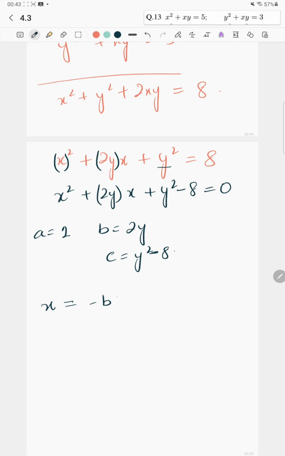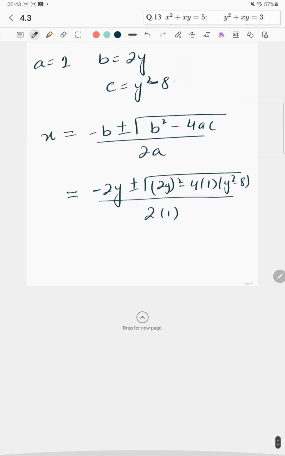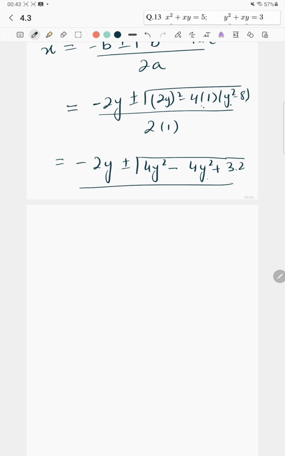x is equal to minus b plus minus square root of b square minus 4ac, divided by 2a. So I have minus 2y plus minus square root of 2y whole square minus 4 times (y square minus 8), which is c, divided by 2a, and 2a is 2. So minus 2y plus minus square root of 4y square minus 4y square plus 32. 4 times y square is 4y square, 4 times 8 is 32, minus and minus is plus, and divided by 2.